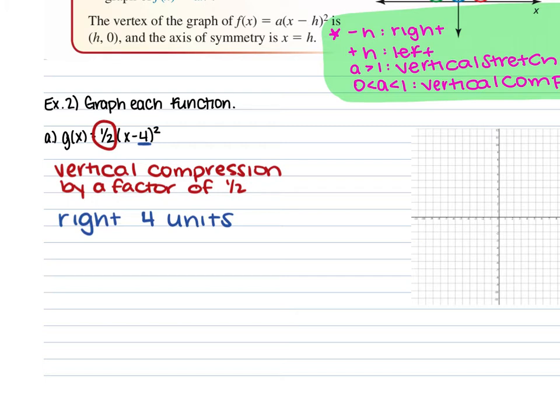If it's vertically compressing, you're taking where that vertex is and where those arrows are, and you're compressing it, so you're shrinking it pretty much, so it's going to widen. But again, you want to think of it vertically, not horizontally. And then again, opposite inside parentheses, whatever the sign is in front of that h value, take the opposite of, and it tells you right or left.